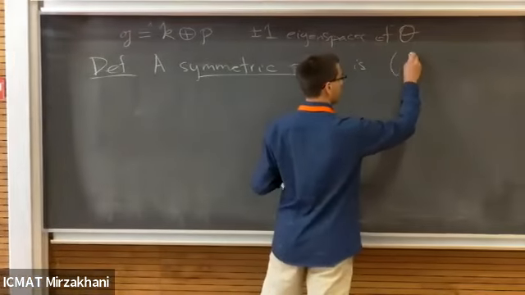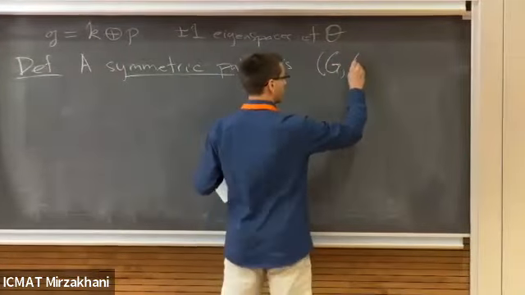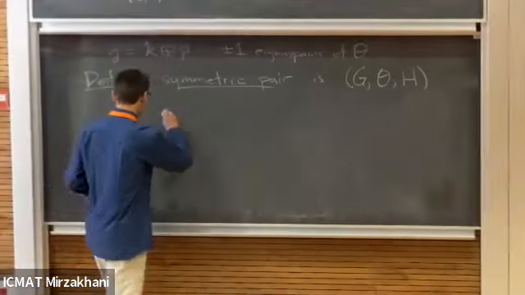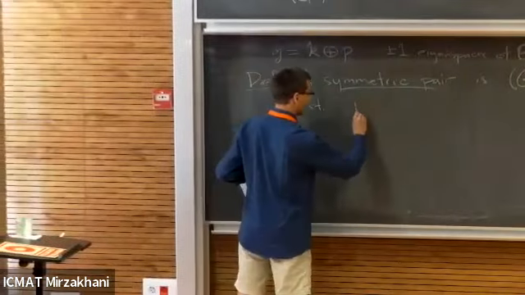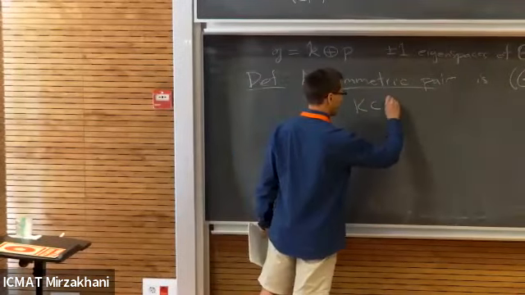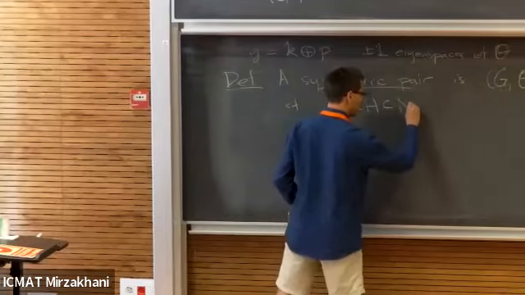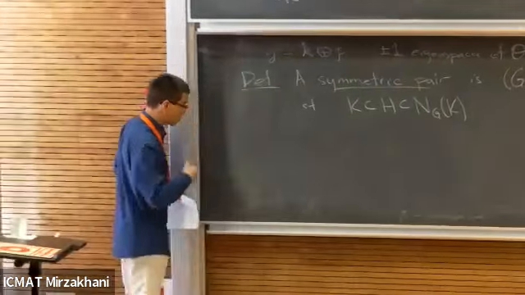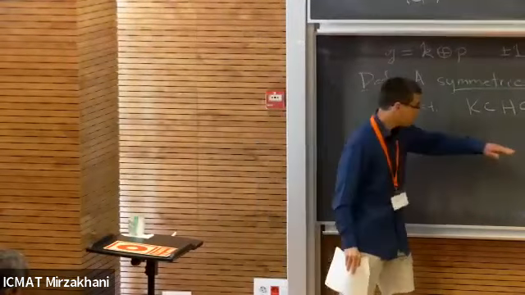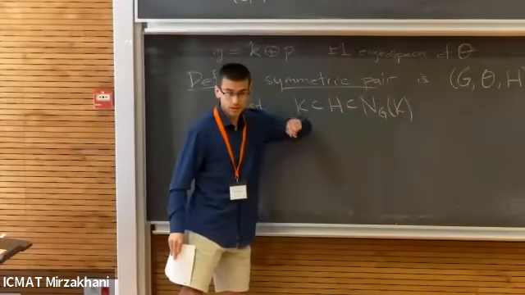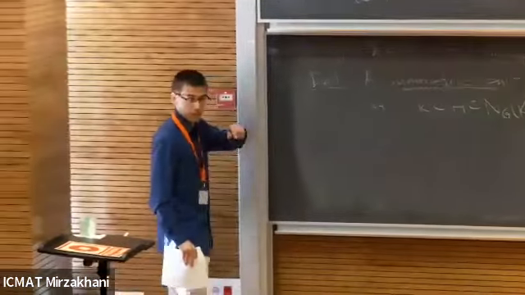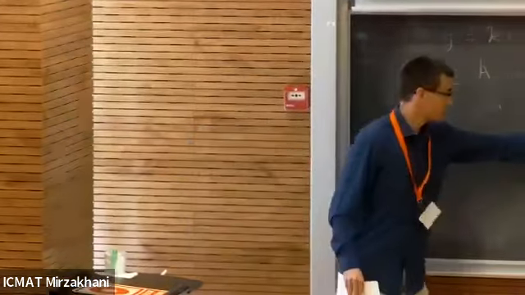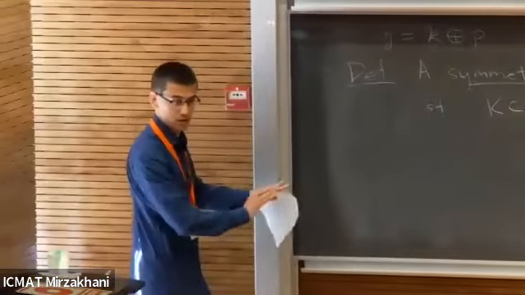This is going to be the group G with involution, together with some subgroup H, where H sits between K and the normalizer group of K in G. The usual definition of symmetric variety keeps H fixed between some fixed points. There will be a step later in which I have to do some inductive procedure, so it is necessary to pass to this normalizer, but it doesn't change too much.